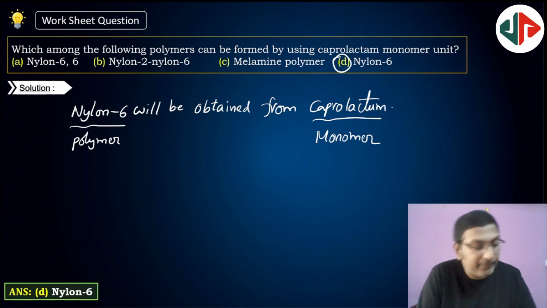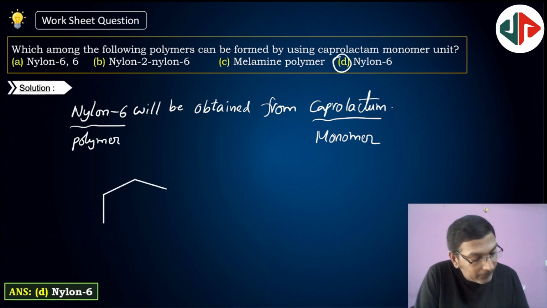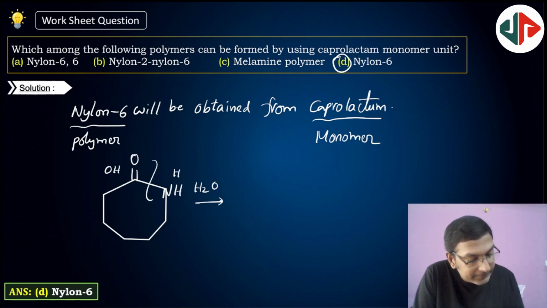So option D. Caprolactam is a seven-membered ring with CO and NH, which on hydrolysis, with OH and H, gives COOH, CH2 five times, NH2.